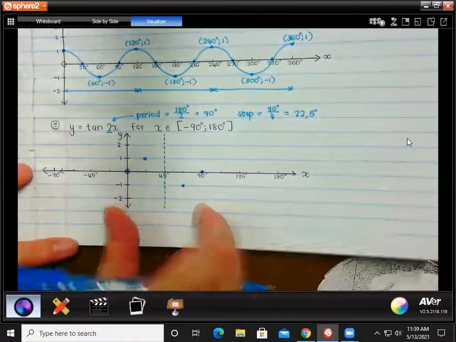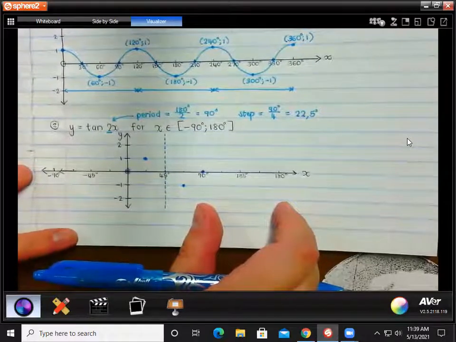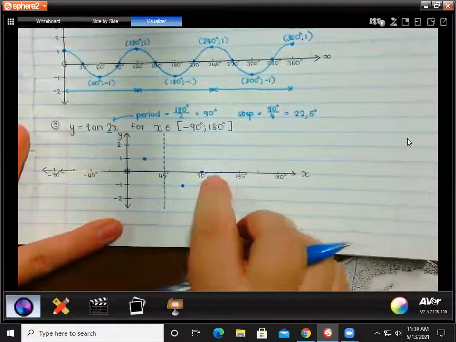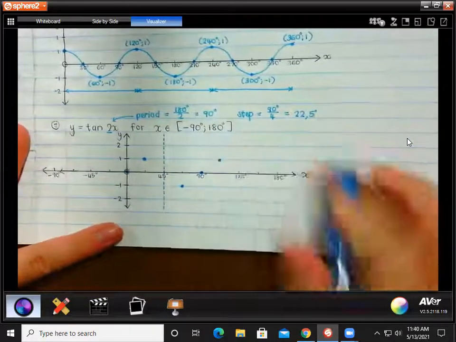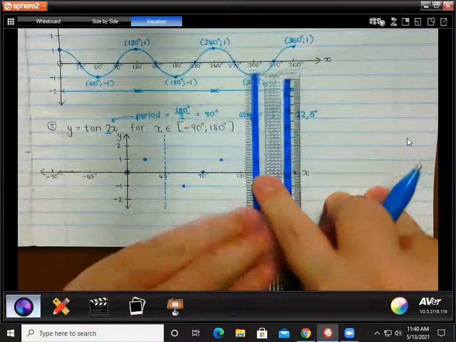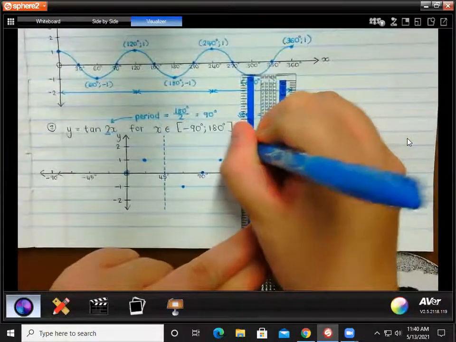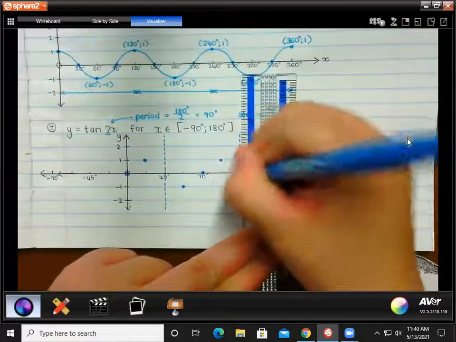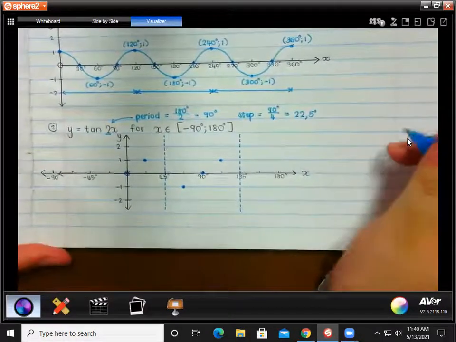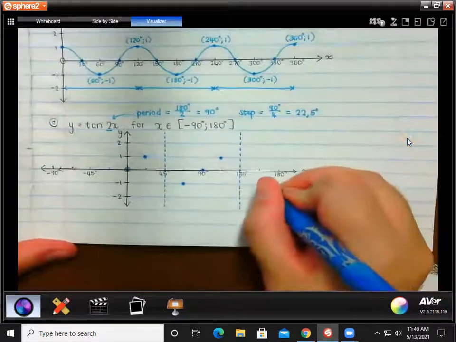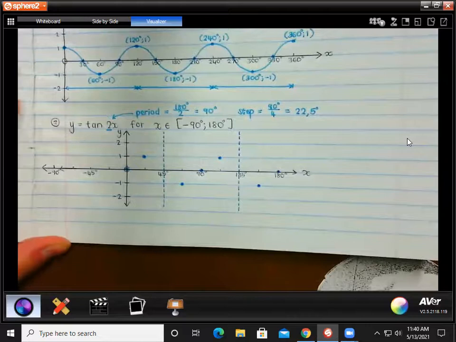So now we're just going to repeat the pattern in the next space that we have. Right, so after the point at 0, we have a point at 1 again. And then we're going to have our next asymptote. After the asymptote, you have your point at -1 and then your point at 0.